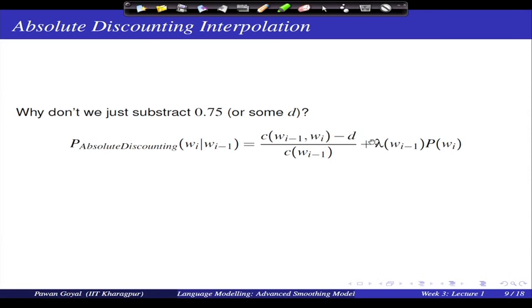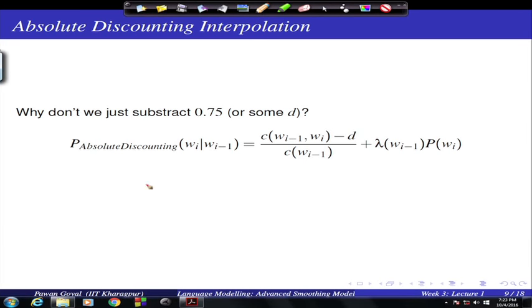Why do I need a weight here? So that when I sum up this absolute discounting probability of wi given wi minus 1 over each individual wi, it will add up to 1. That's why I need some sort of normalization constant that makes sure it adds up to 1.